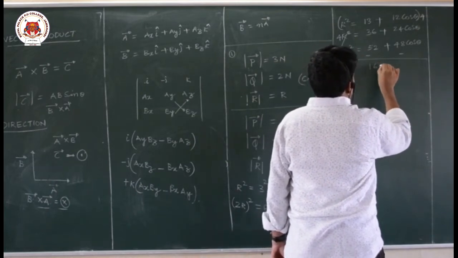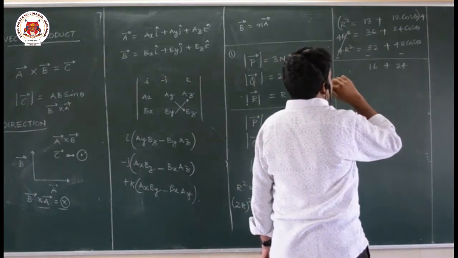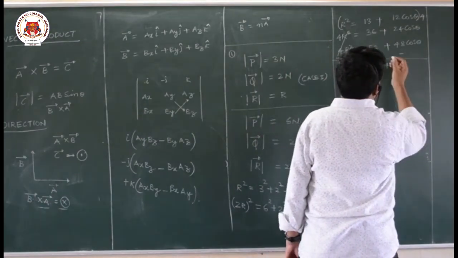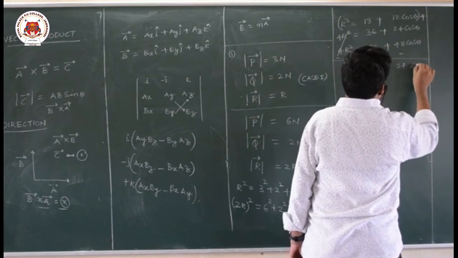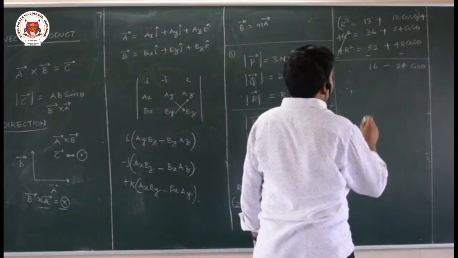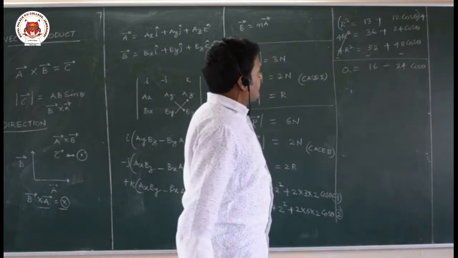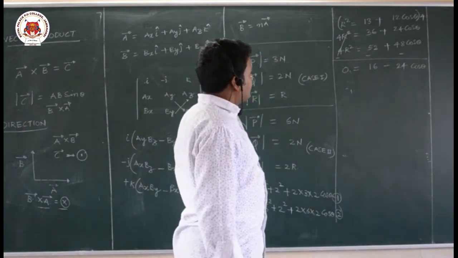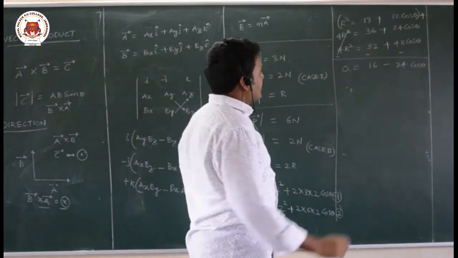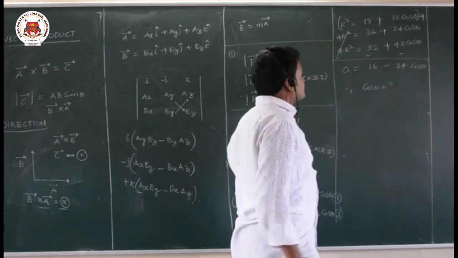So 16 plus 24, 16 or 12? 24 minus 24 cos theta is equal to 0. Okay. Once again you verify any mistake we have done. 13 into 4 is 52. So you just solve this and find cos theta.